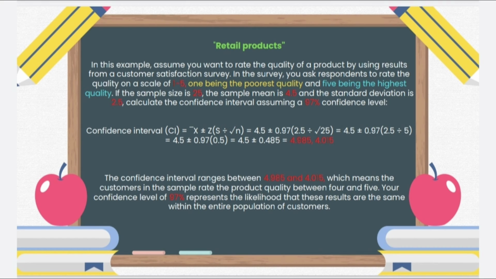Your confidence level of 97% represents the likelihood that these results are the same within the entire population of customers. So meaning the rate of the quality on a scale of 1 to 5 is nasa 4 pataas siya, meaning mataas yung quality ng product, at tama yung kanyang estimate na which is the confidence level of 97%.